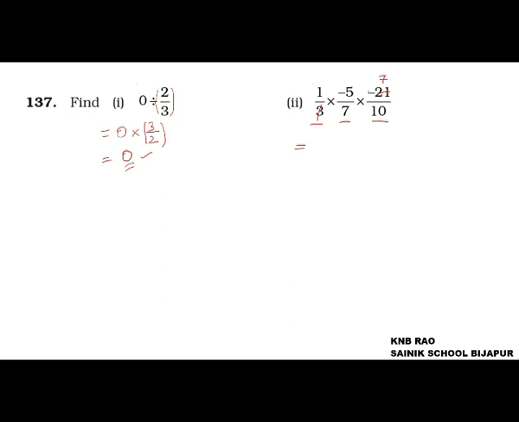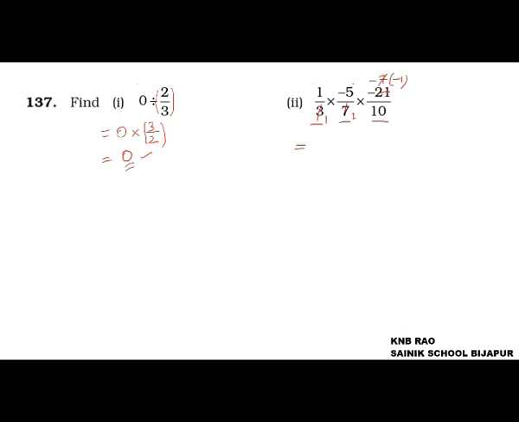That negative sign will be there as it is. Now 7 ones are 7, minus ones are what we have. So totally here we got this 3 and 7, both the denominators, their product 21, cancelling with this minus 21.